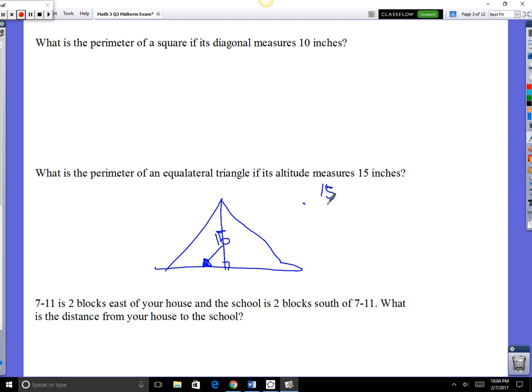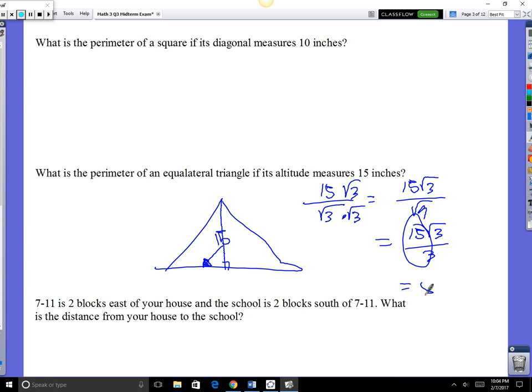So we're going to take 15 and divide by square root of 3. So multiply the bottom by square root of 3 and the top by square root of 3. So we're going to have 15 square roots of 3 over square root of 9, which is 15 square roots of 3 over 3. Now those play together, which is 5 square roots of 3.